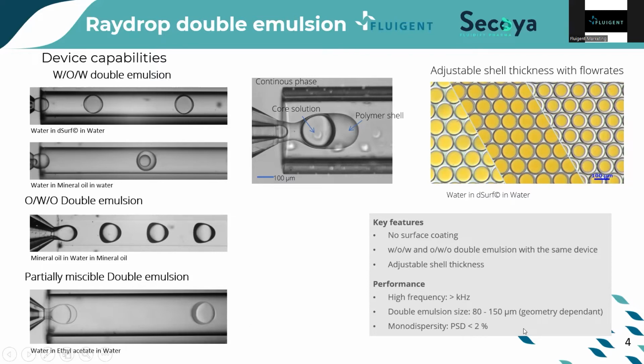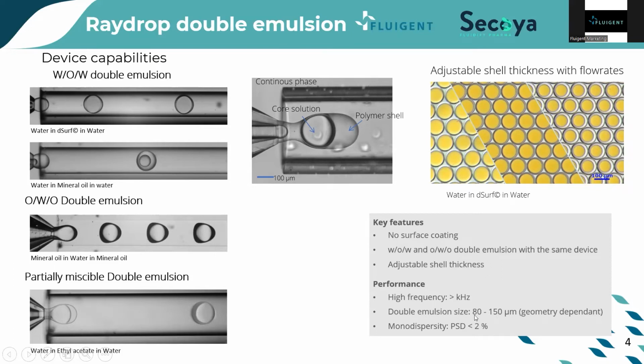If you want to make a bigger double emulsion, with a bigger shell and a bigger core, it is possible. We will just need to change, as I said before, the double emulsion nozzle and the extraction capillary to a bigger size to target bigger double emulsion size. It is also possible to decrease. Actually, we can go from 80 to 450 micrometers at top.